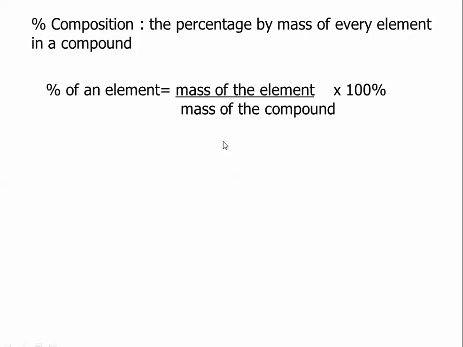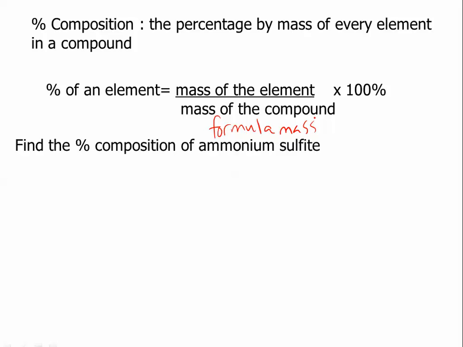The percentage of an element is the mass of the element in the compound divided by the mass of the compound. Or really, what we've been doing, you're going to divide it by the formula mass of that compound. What does the total mass weigh? Because percentage, remember, is just part divided by the whole.